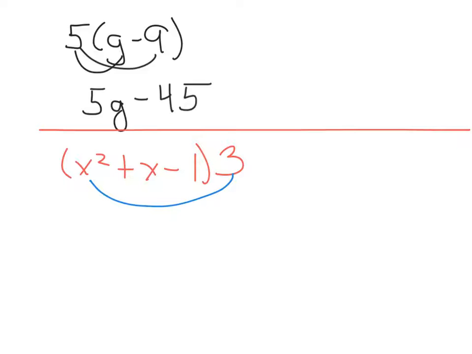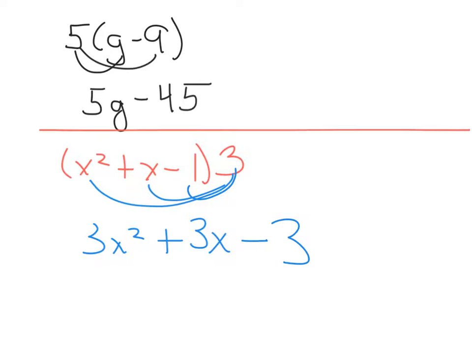So 3 times x squared would be 3x squared. 3 times x would be 3x. I have a minus sign right here, so I'm going to put a minus sign next, and then 3 times 1 is 3. So wherever the number is, whether it comes before or after the parentheses, what you're doing is the same.